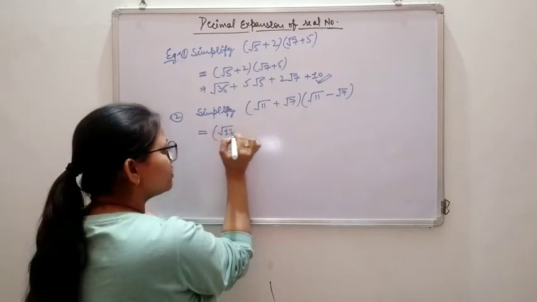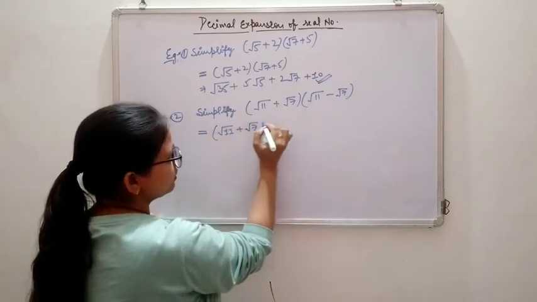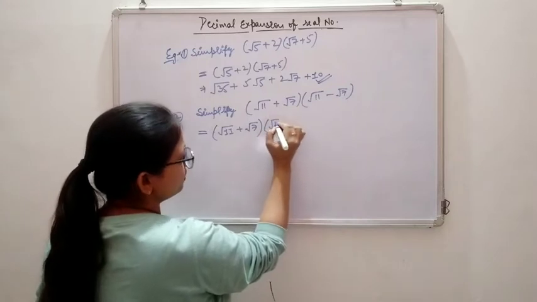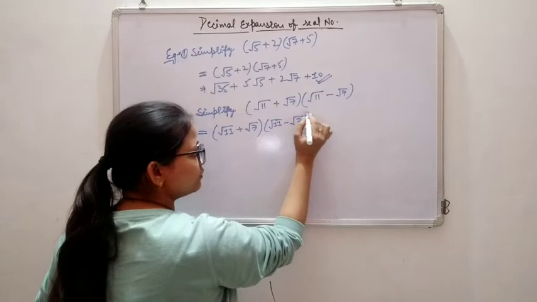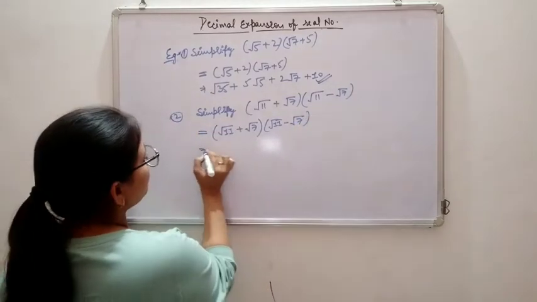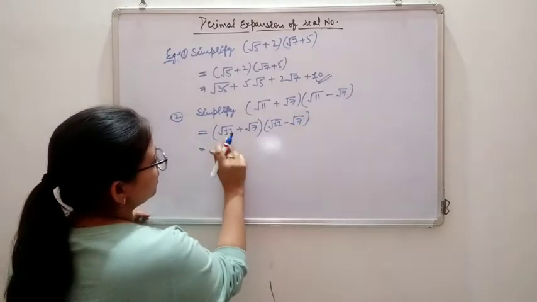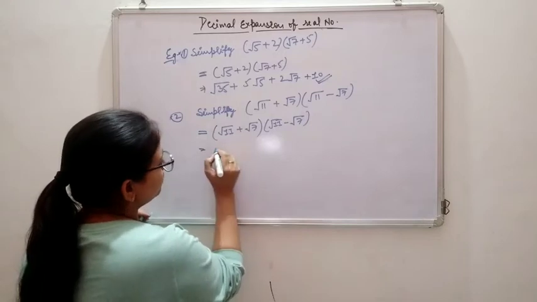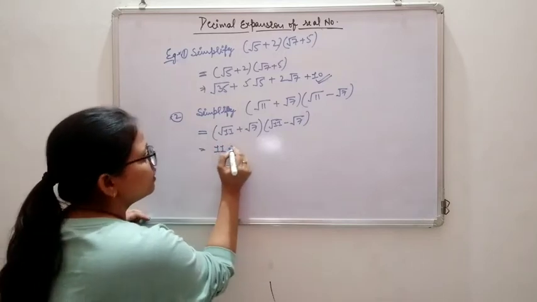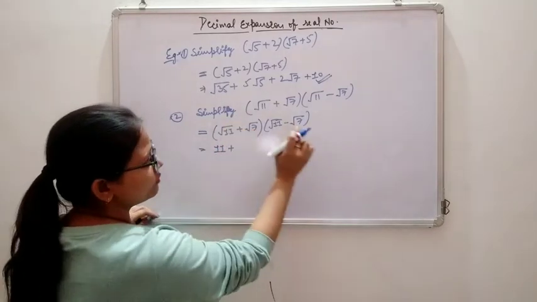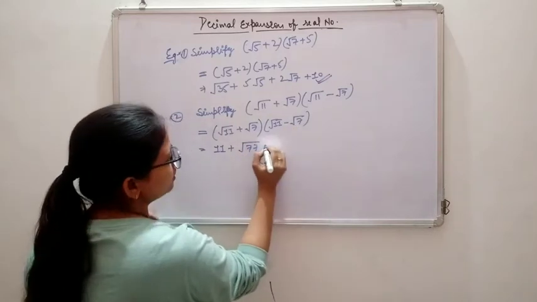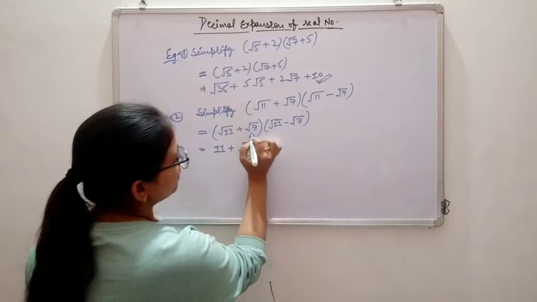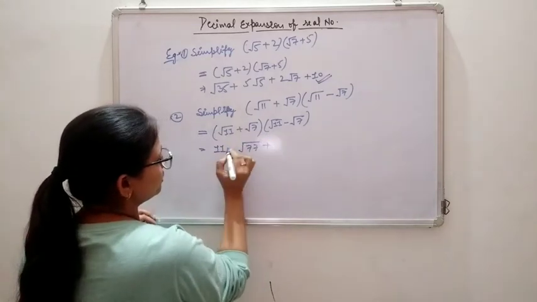Multiply root 11 with root 11 will give you 11, and multiply root 11 with root 7, it will give you root 77, and again here is the negative sign.